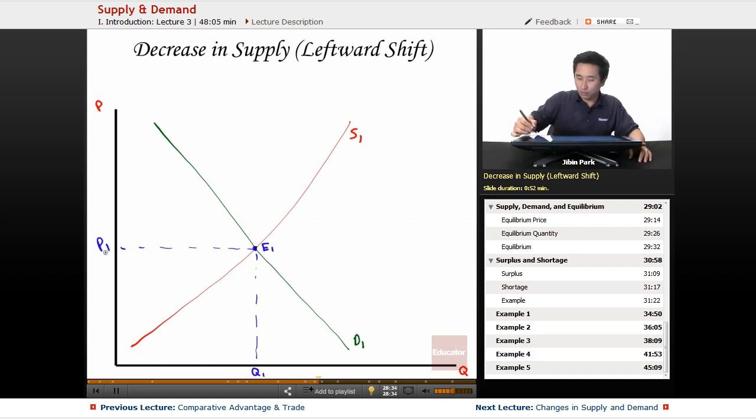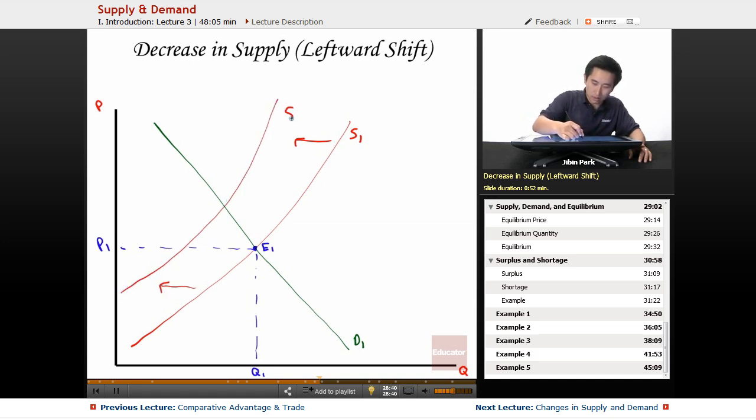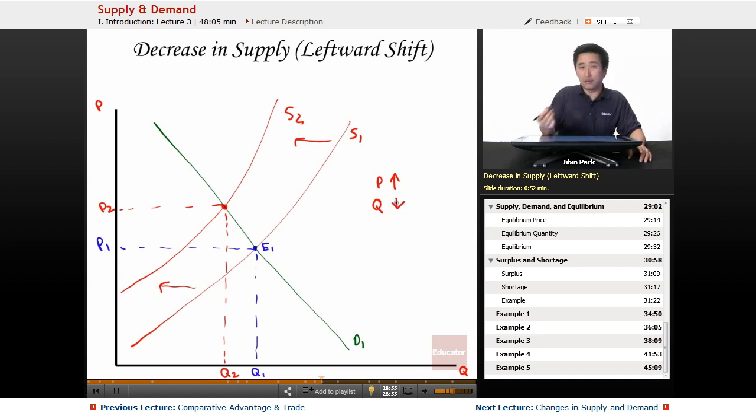So if you have a leftward shift in the supply curve, then you have S2, and you have Q2 and P2. So the price is going to increase and the quantity is going to decrease. So a leftward shift is going to cause a decrease in quantity, but the equilibrium price is going to increase.